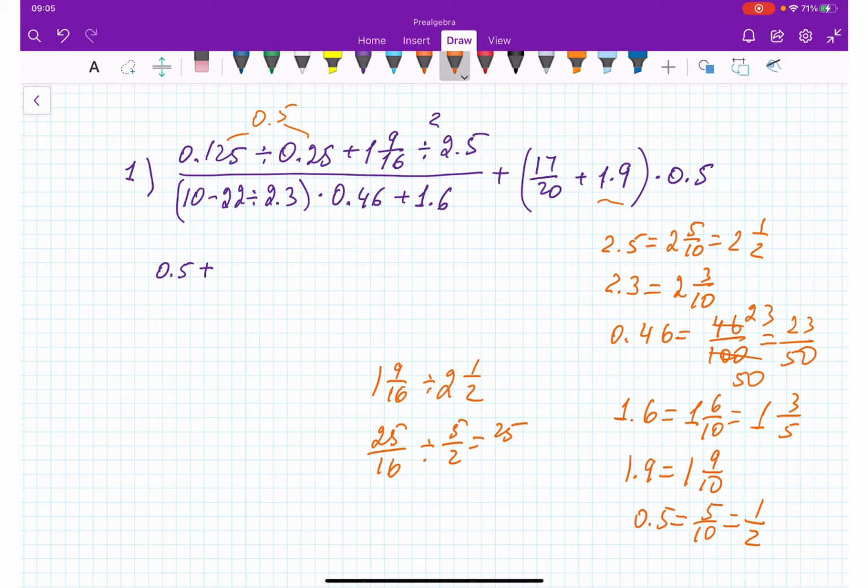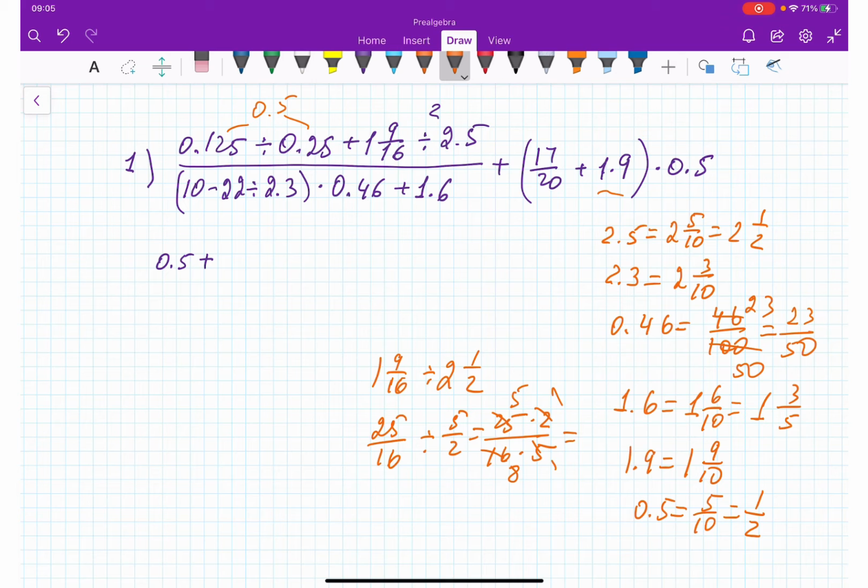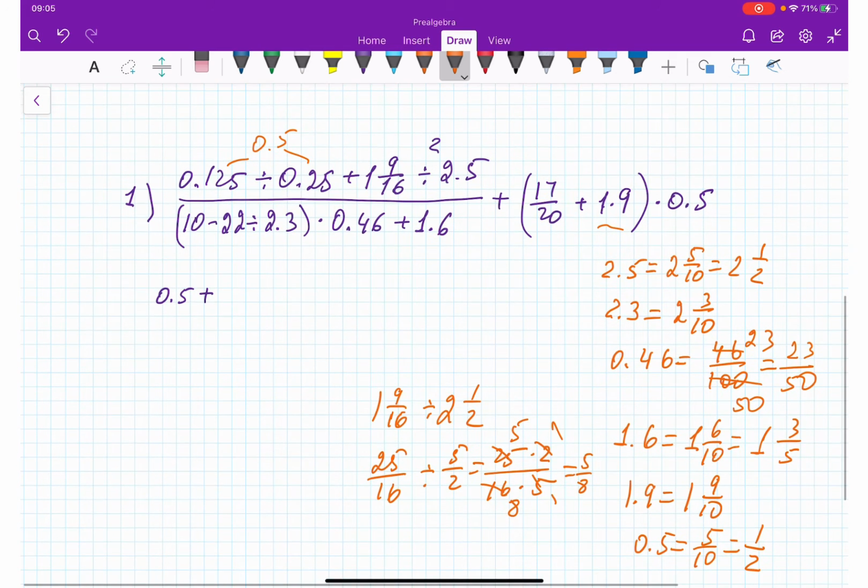And we get 25 times 2, 16 times 5. This is 1, this is 8, right? This is 1, this is 5. So we are getting 5 over 8, right? Which means this is going to be 5 over 8.